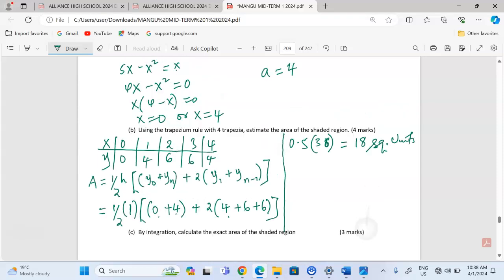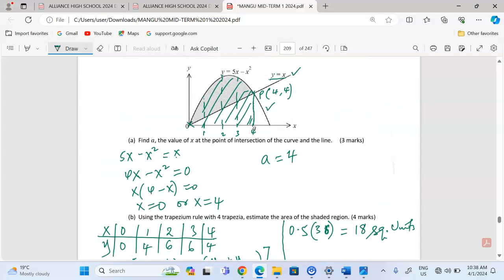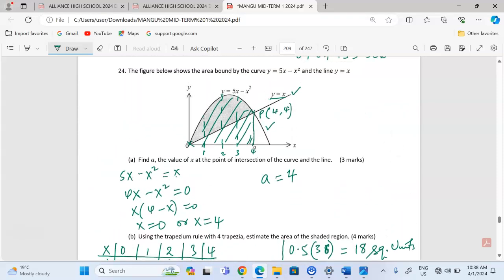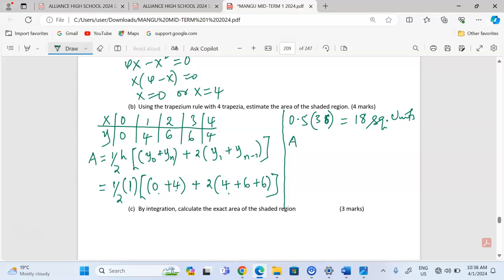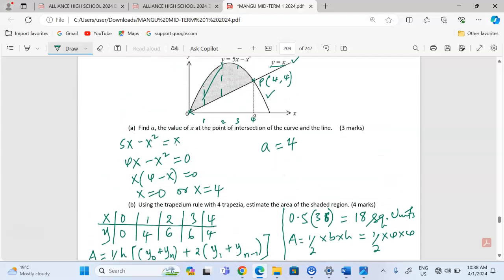Now, for us to get the shaded area, we should notice that there is a triangle here which has to be subtracted. The area of the triangle is half base times height. So we need half times 4 times 4, because x is from 0 to 4 and y is also from 0 to 4.